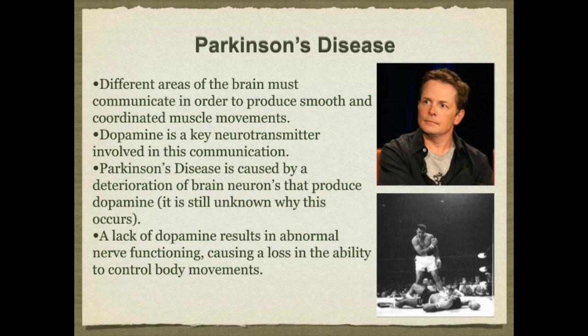And unfortunately, dopamine is a drug that we don't have a whole lot of agonists for, so we can't go in and chemically reproduce the neurotransmission that would take place with dopamine. So again, stem cell research may get us there eventually, but right now Parkinson's is not a disease that we can cure. We can treat some of the symptoms, but it's not really a disease we can cure.